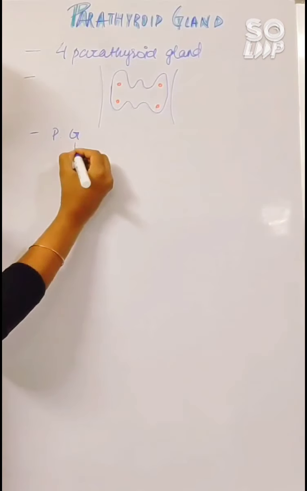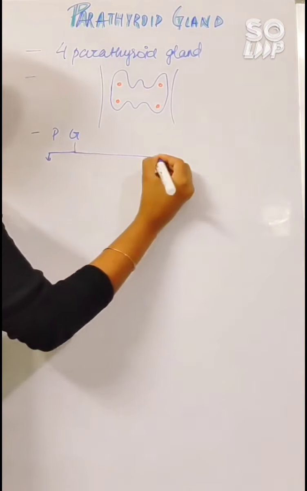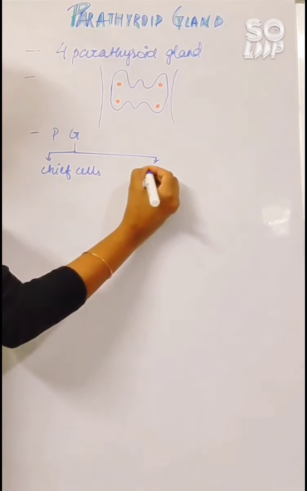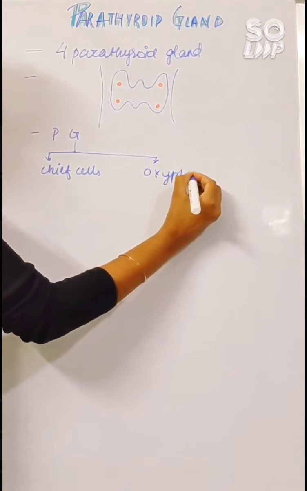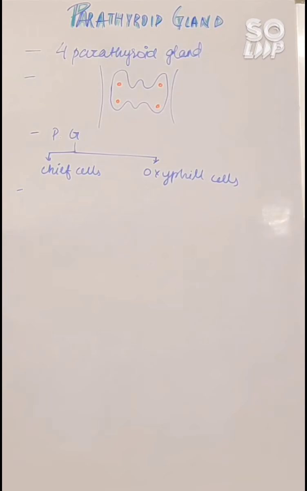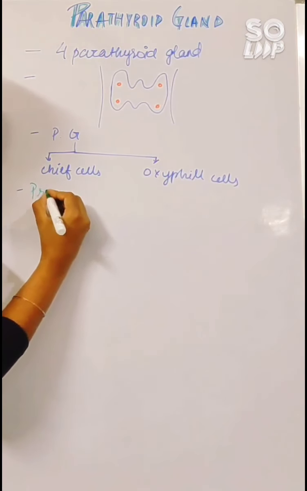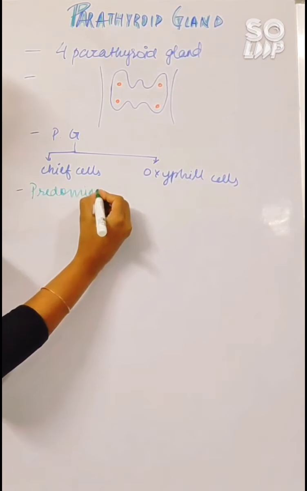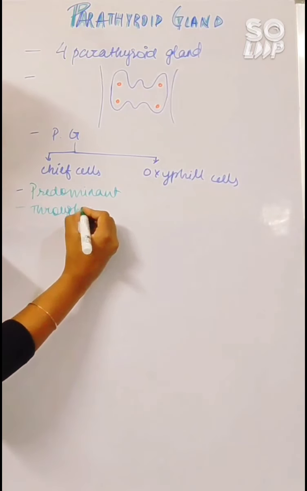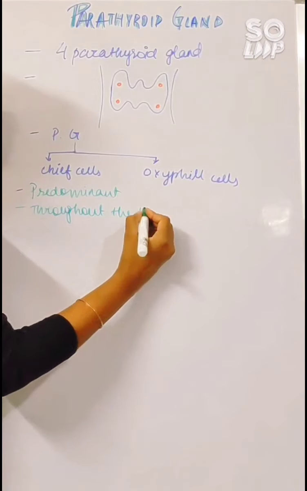The parathyroid gland, PG, I write the shortcut PG. The parathyroid gland has 2 types of cells, the chief cells and the oxyphil cells. The chief cells are the predominant ones and are present throughout life.